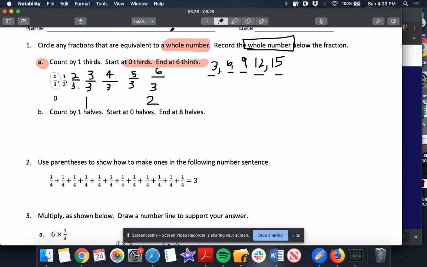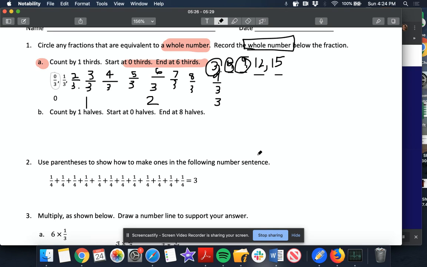So 3 is a multiple of 3, and 3/3 would equal 1. 6/3 is a multiple of 3. 6/3 is equal to 2. If they wanted me to keep going, 7/3, 8/3, 9/3, we know that 9 is a multiple of 3. And that 9/3 would equal 3.